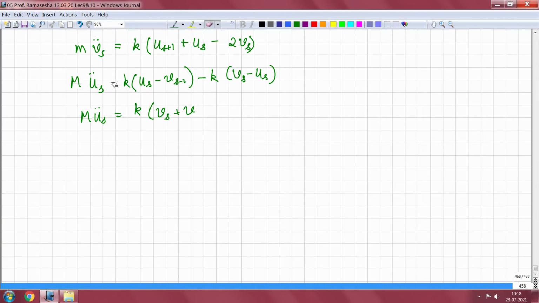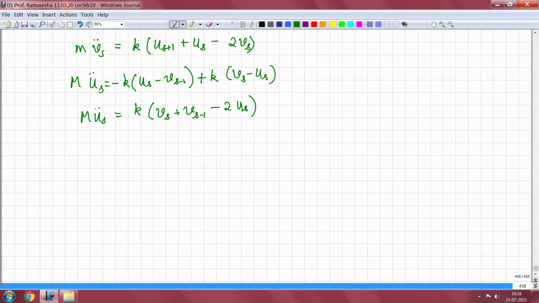Just to be consistent, I will write this with minus and plus. So then I have vs plus vs minus 1 minus 2 us. That will be the force equation for the other one, that is for m us double dot.